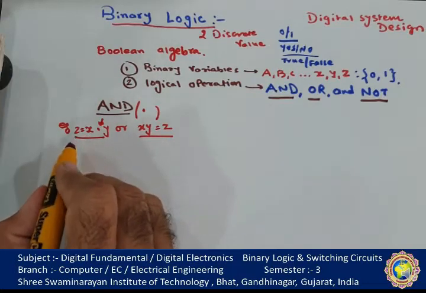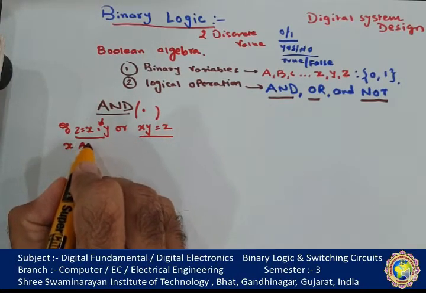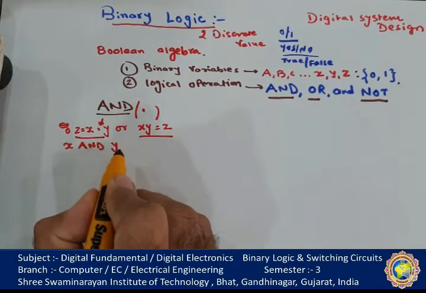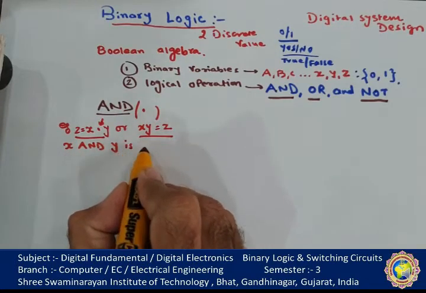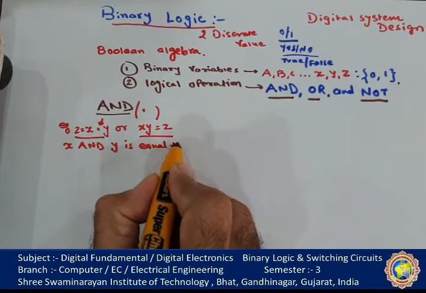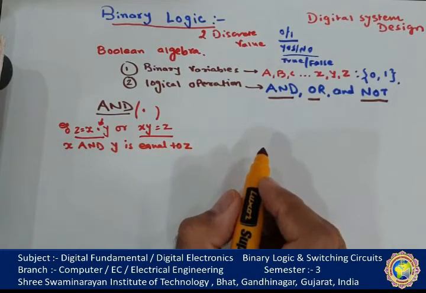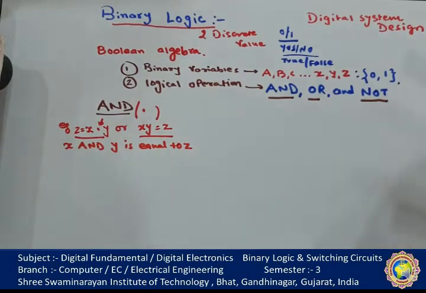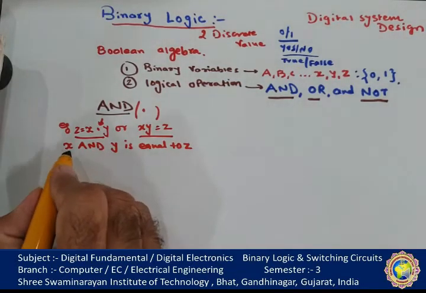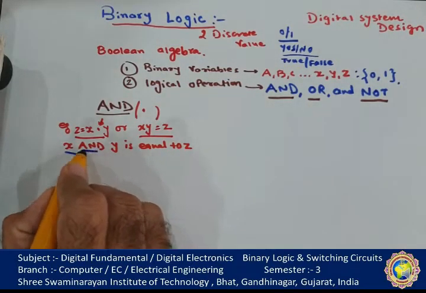This is called X AND Y is equal to Z. Remember that. In simple words, what is the meaning of this AND operation?